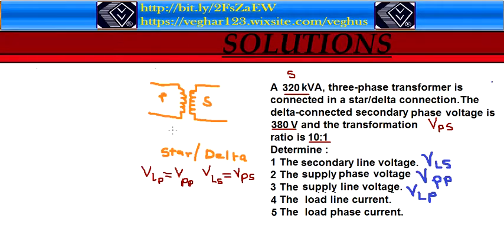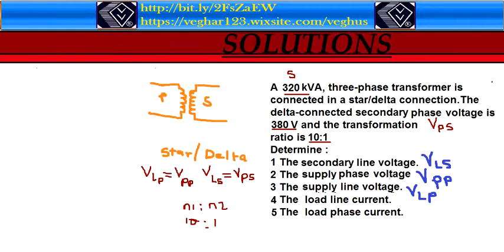So the transformer ratio is 10 on this side and 1 on the other. That's the ratio that is given here.